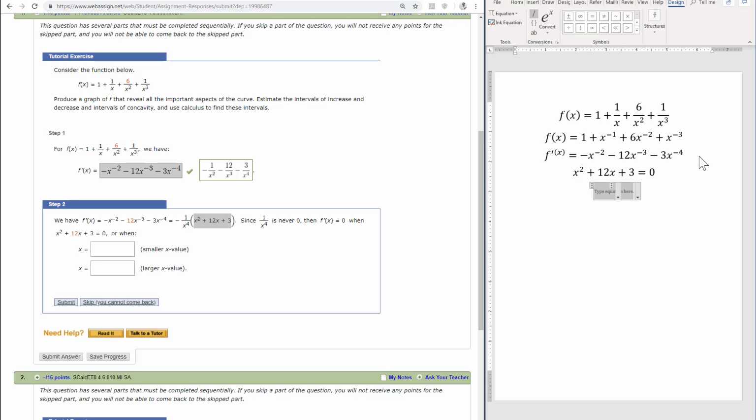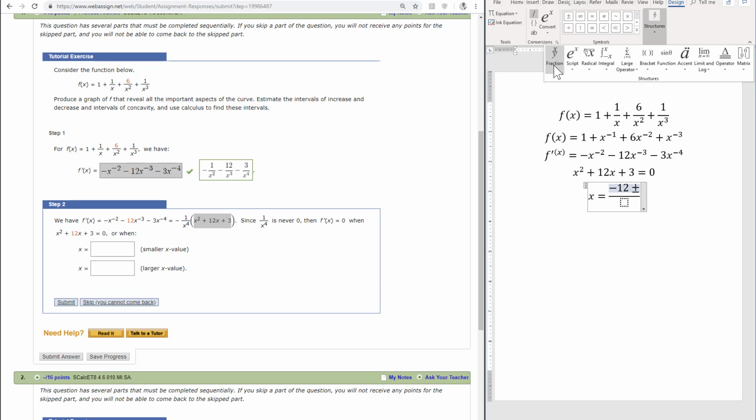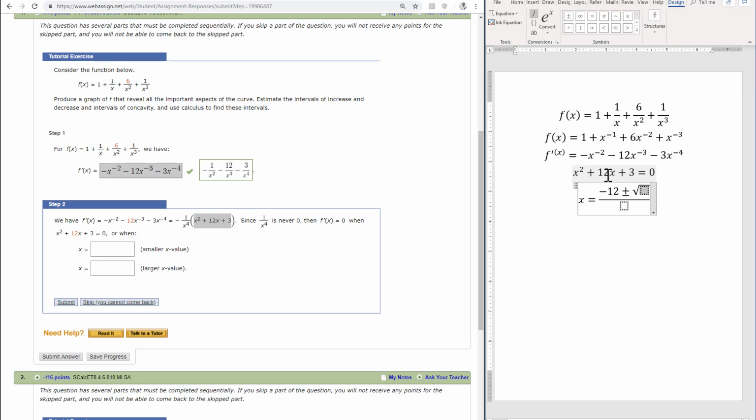And so according to the quadratic formula, x is going to equal negative b, that's 12, plus or minus the square root of b squared, so that's 12 squared, minus 4 times a times c, divided by 2a.